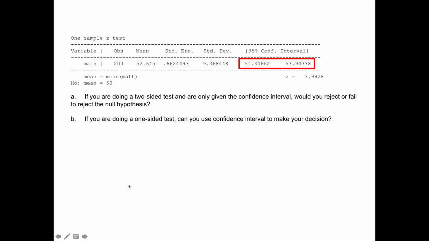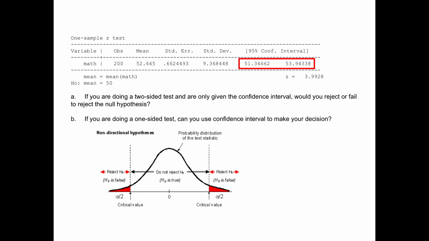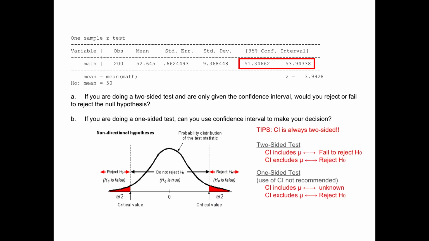One-sample t-test. If you are doing a two-sided test and you are only given the confidence interval, would you reject or fail to reject? Confidence intervals are always two-sided.